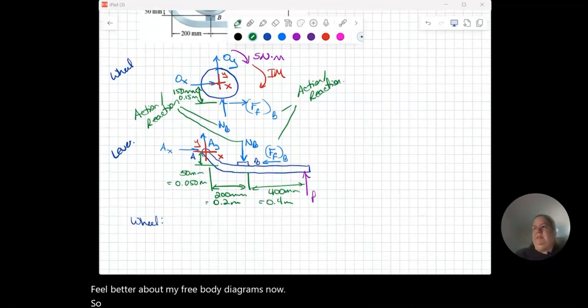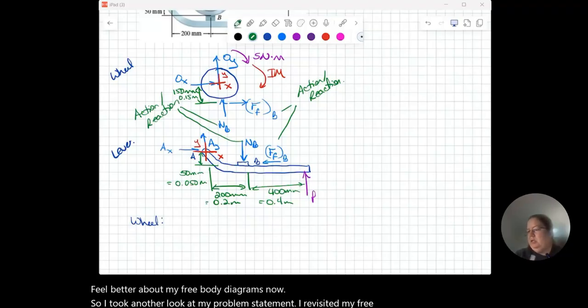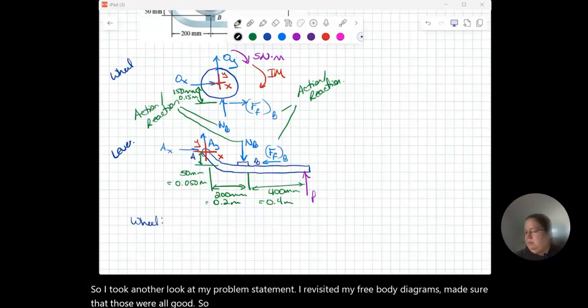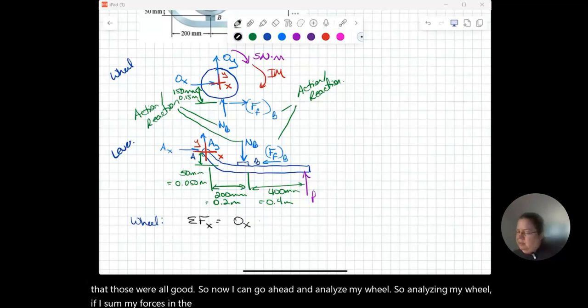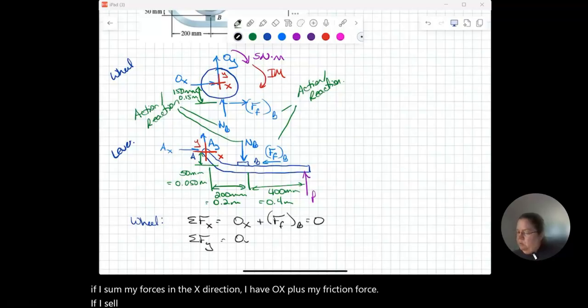So I took another look at my problem statement. I revisited my free body diagrams, made sure that those were all good. So now I can go ahead and analyze my wheel. So analyzing my wheel, if I sum my forces in the X direction, I have OX plus my friction force. If I sum my forces in the Y direction, I have OY plus my normal force.